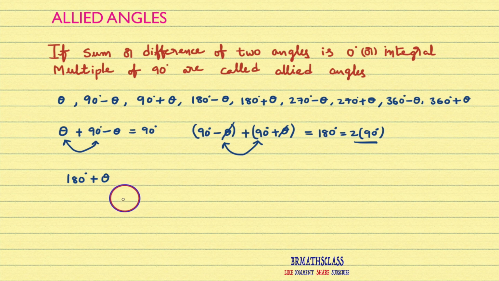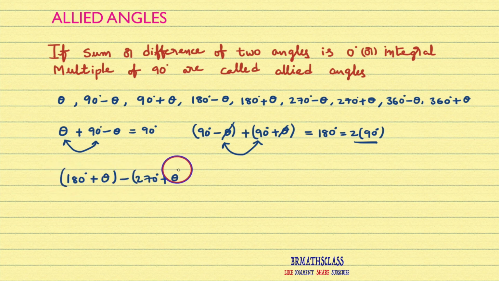Similarly, now I'll take another two angles. One is 180 degrees plus theta, another one is 270 degrees plus theta. Are these two angles allied angles? We check whether the sum or difference of the two angles is 0 degrees or an integral multiple of 90 degrees. Here both have plus theta, so I will subtract these two angles.